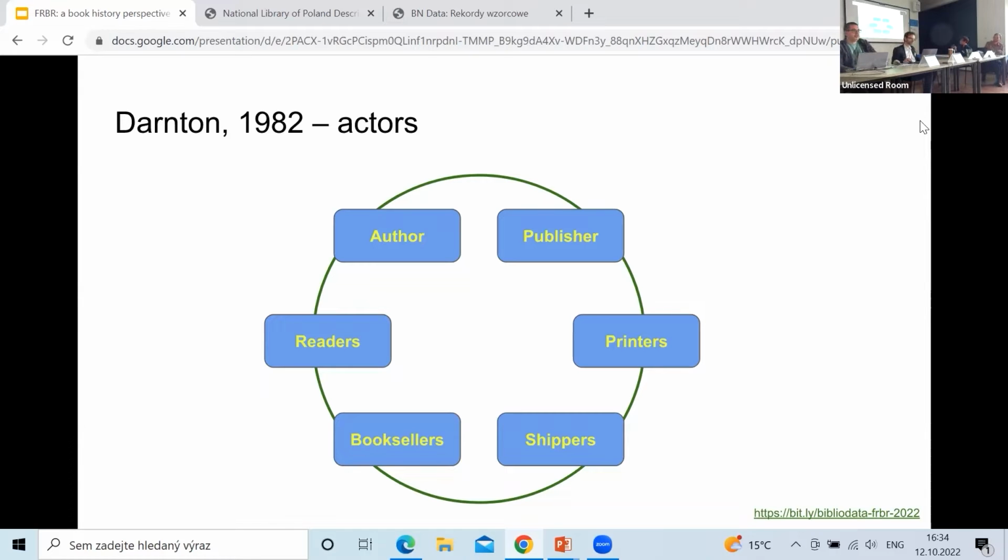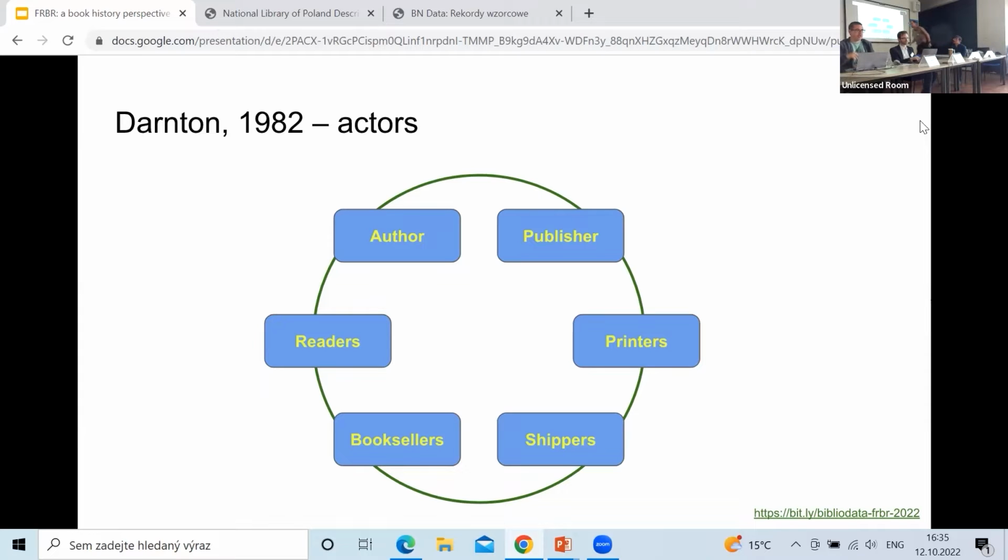And the first wording of this model was created by Robert Darnton, an American book historian, who listed the important actors around the life cycle of the book.